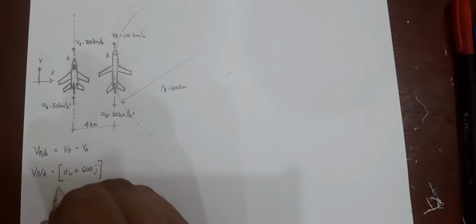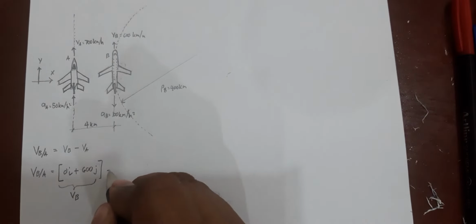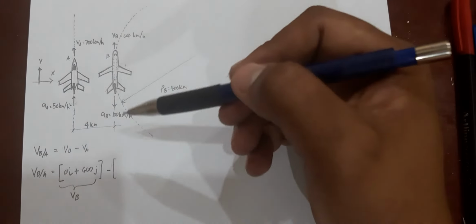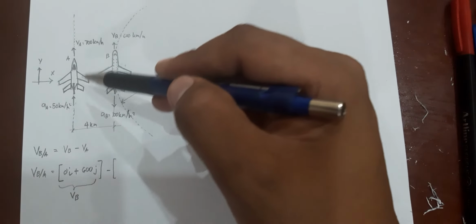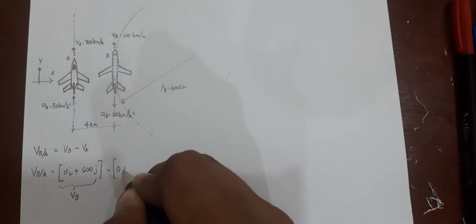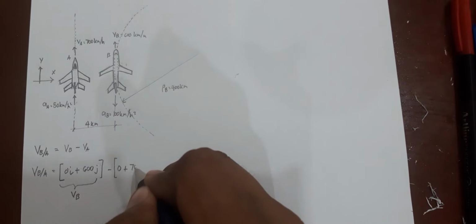Again, this one is your VB. Next, minus, the vector form for this one. Again, no x component, 0, and then plus, because it is pointed in that direction, 700j.